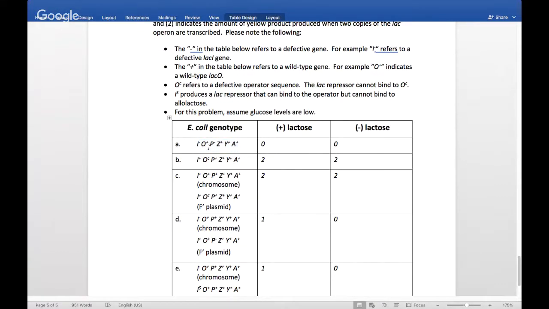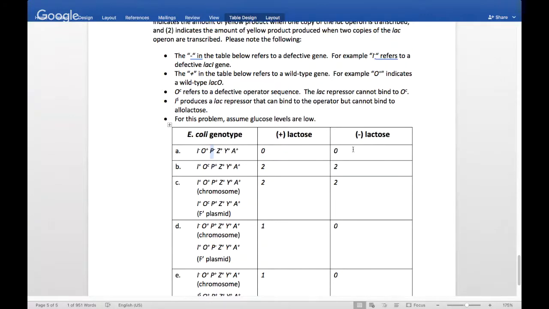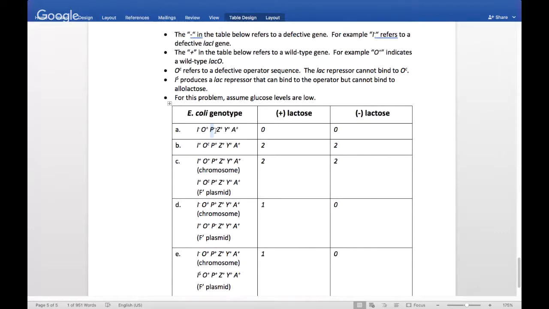We notice that immediately the P negative here means that that's defective, and that's for the promoter. So in both cases, the lactose positive test tube and the lactose negative test tube, transcription will not occur because it won't know where to bind.